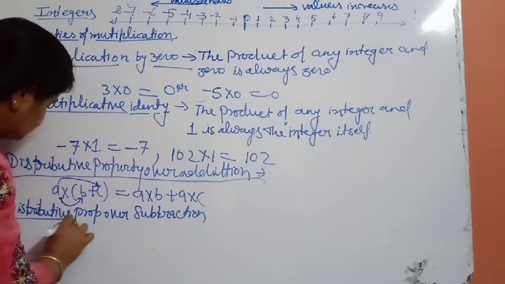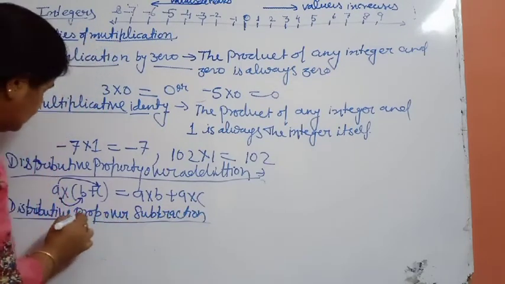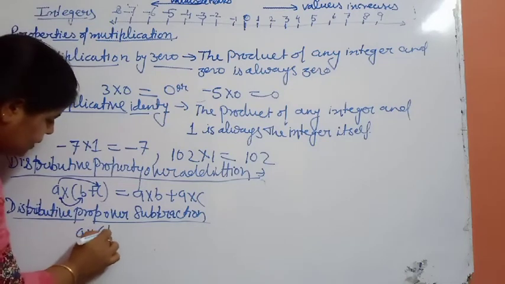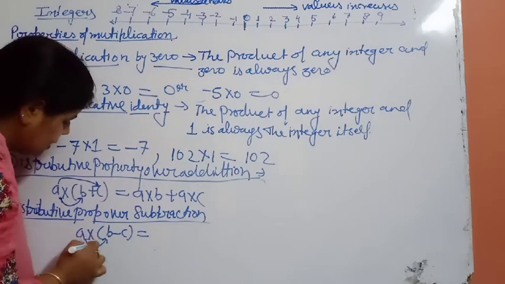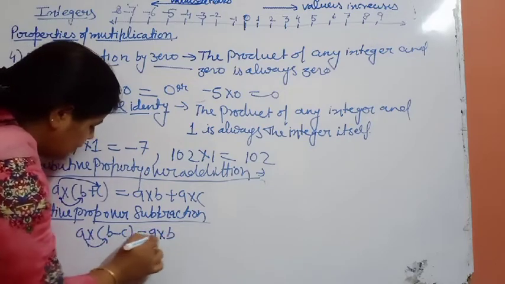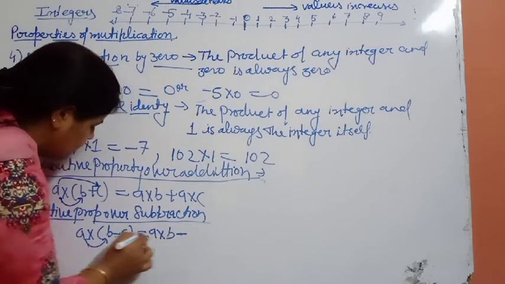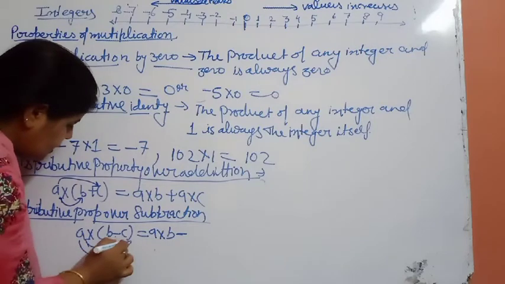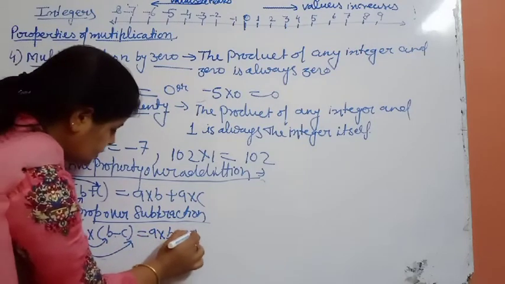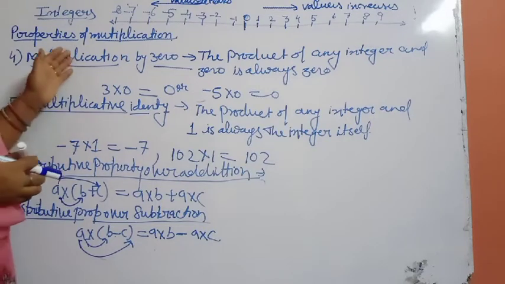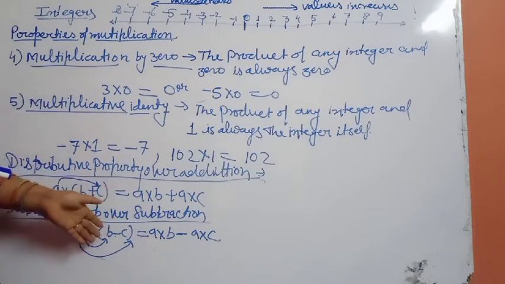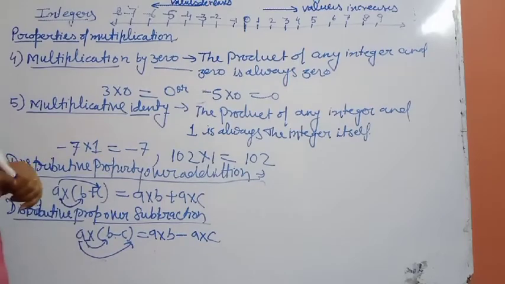See that: A into B minus C is equal to, first write A into B, then this minus sign will come in between, and next A into C. If you learn all these properties, then you will not have any problem in solving exercise 1.3. Okay, now we are proceeding to exercise 1.3.